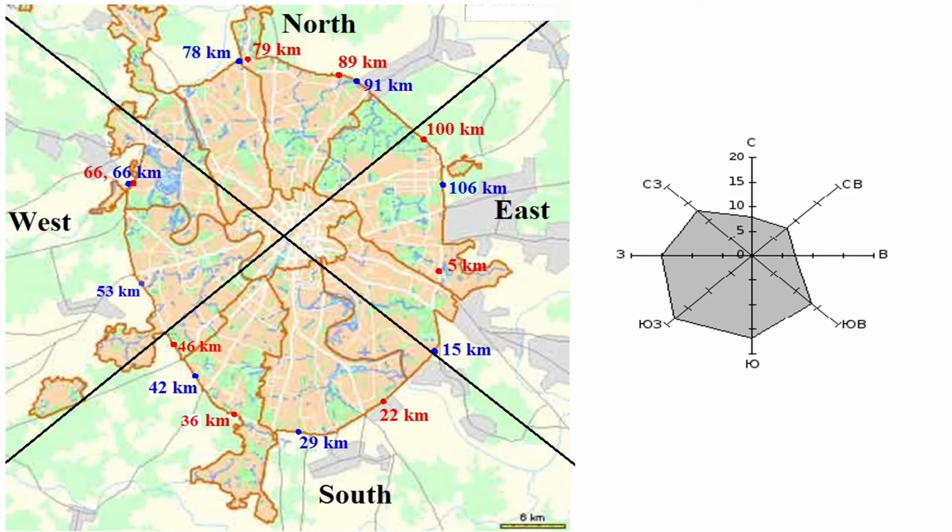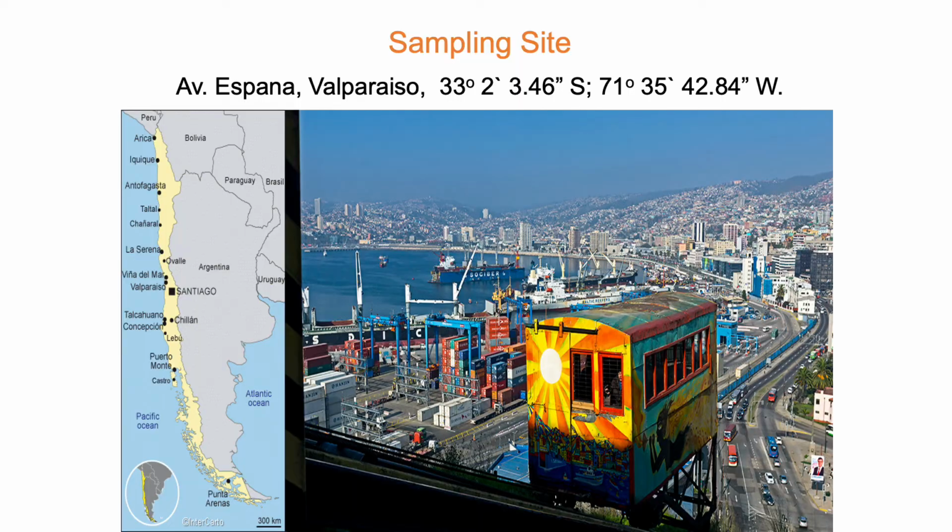Anyway, several times we collected snow samples, and we were doing that along the perimeter of the Moscow Belt Road and also radially, beginning from the heart of the city near the Kremlin and along those radians to the Moscow region.